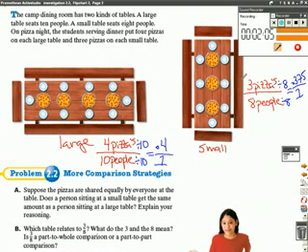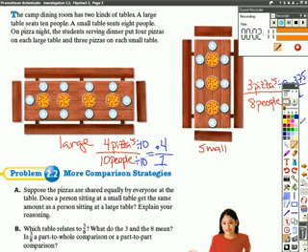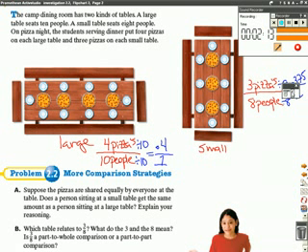However, we need to understand what the numbers mean. So for the large table, what we basically did is we just divided by 10. We didn't divide by 10 people, we just divided by 10. So the 0.4 is the amount of pizza that I get, and the 1 is the number of people.